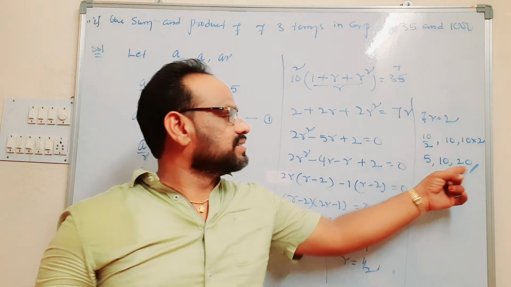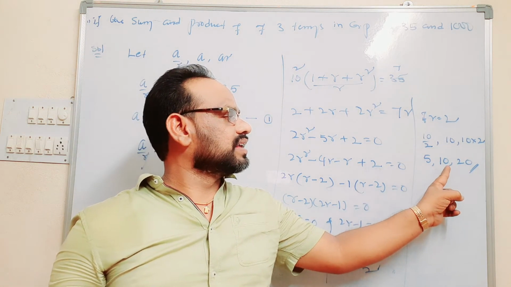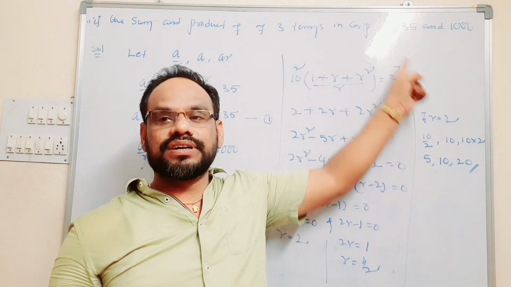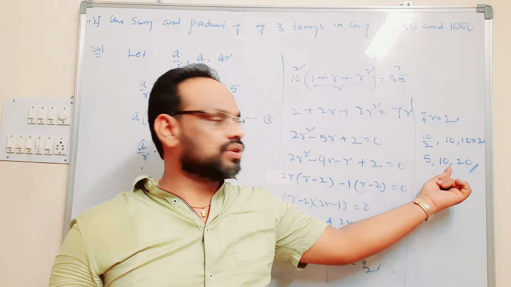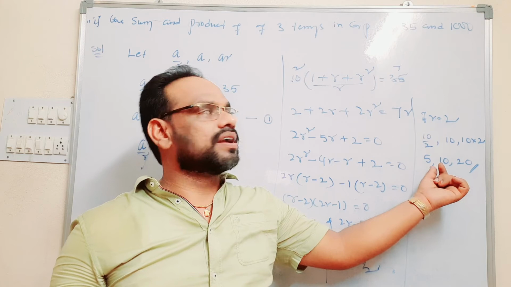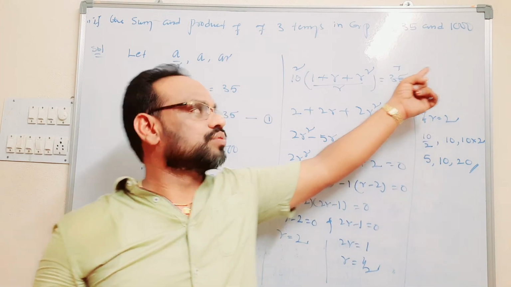Their sum is 20 plus 10 is 30, 30 plus 5 is 35, and their product is 20 tens are 200, 200 into 5 is 1000.